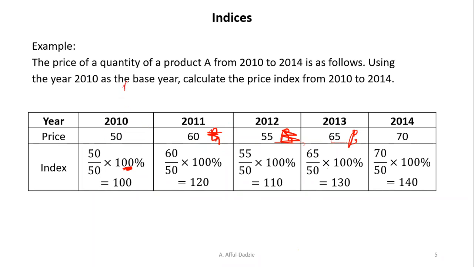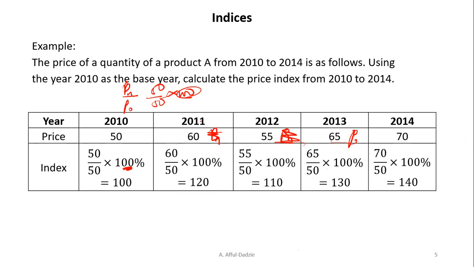It's just like saying Pn and P0 will be the same. So here it is 50 over 50 times 100, and it gives you 100. That's why at the base period, the index number is always 100. But at a different time period, you could have all sorts of values for your index number.